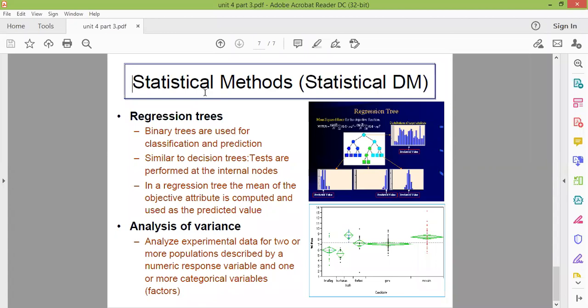You know what numeric data and categorical variables are. In numeric data you have direct values, and in categorical variables you have factors, where the values can be A, B, C, D, or yes, no, or 1, 2, 3. These types of values are your categorical variables.